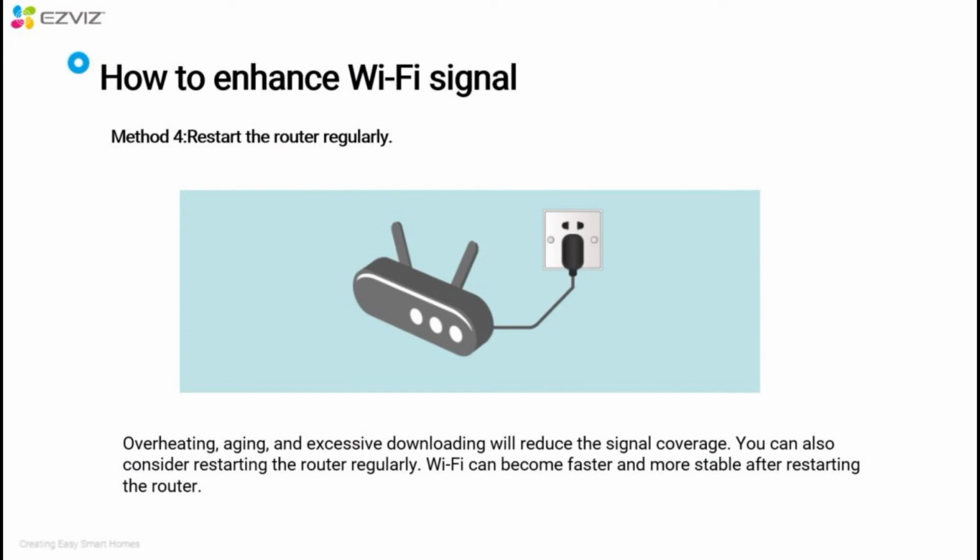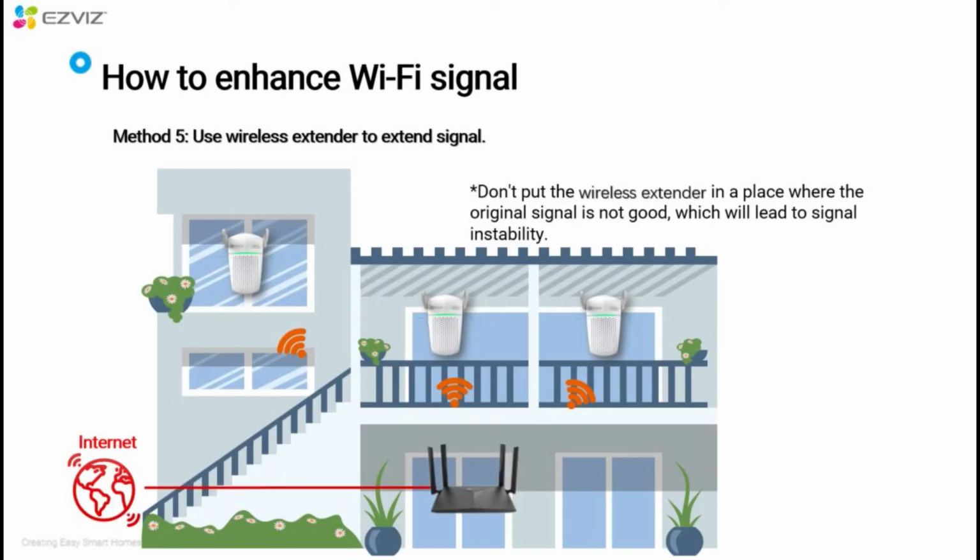Overheating, aging, and excessive downloading will reduce the signal coverage. So you can also consider rebooting the router regularly. Wi-Fi signal can become faster and more stable after rebooting the router. And the 5th method is to use a wireless extender to extend the signal. If your home or the position is very large, you can choose a wireless extender to extend the Wi-Fi signal.